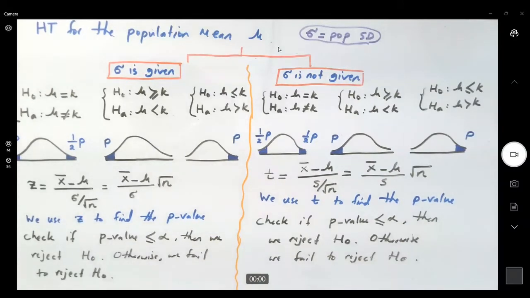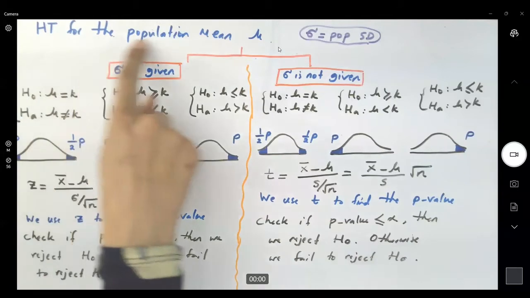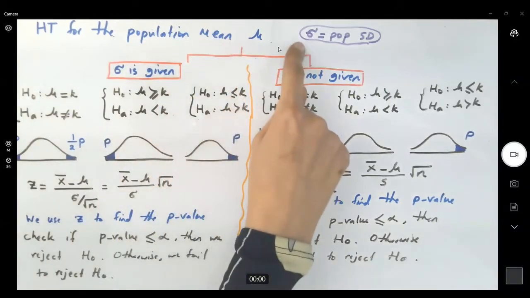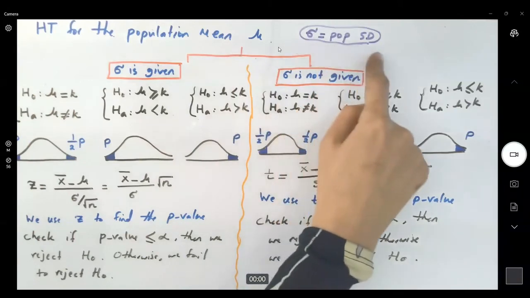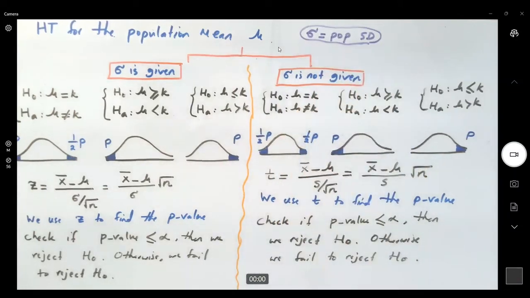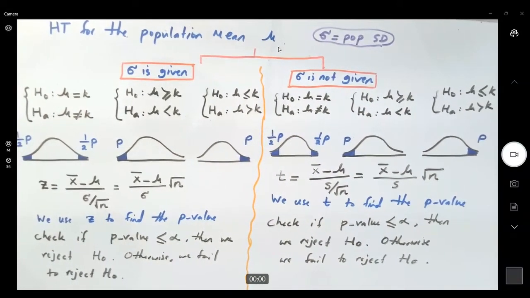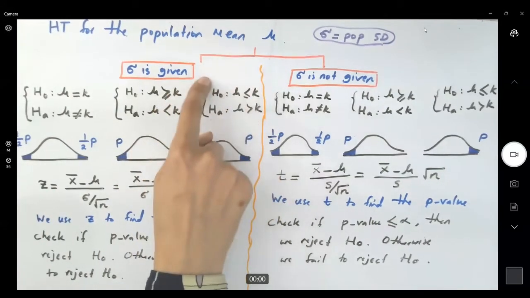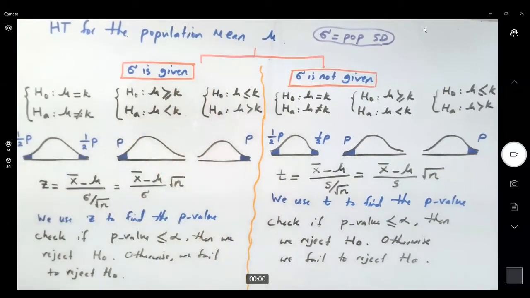So hypothesis testing for population mean, or mu, and sigma is called the population standard deviation. We are dividing this up into two categories, two different cases. We saw this case before: sigma is given to us.